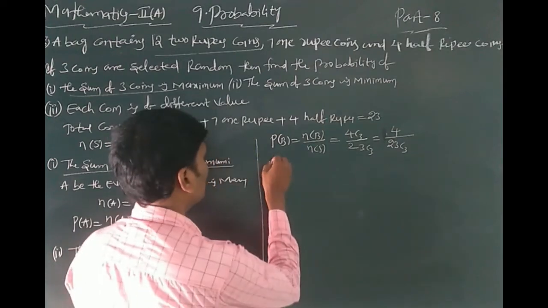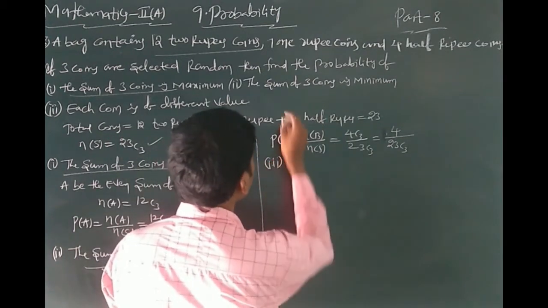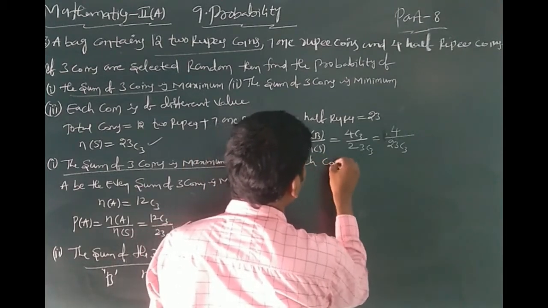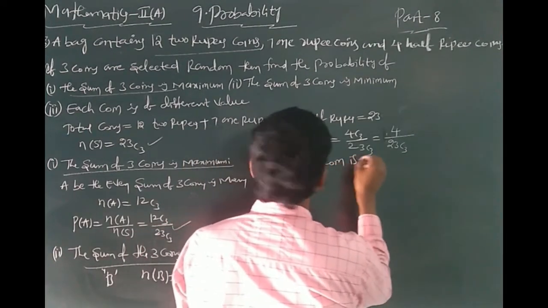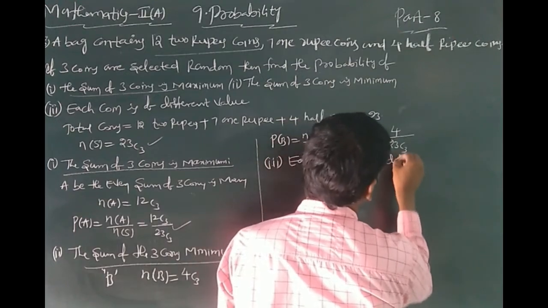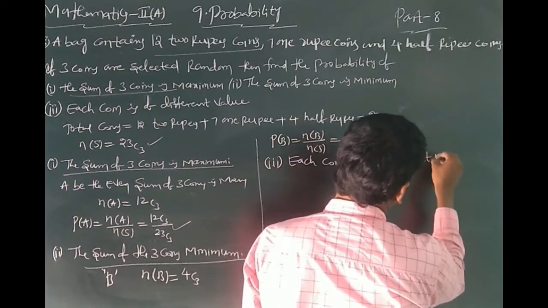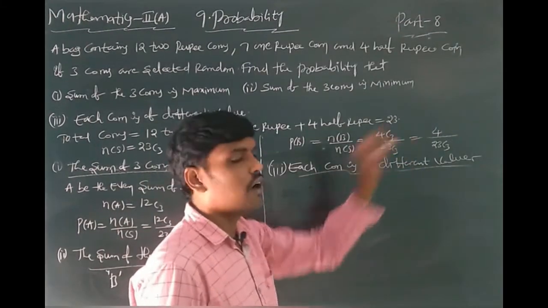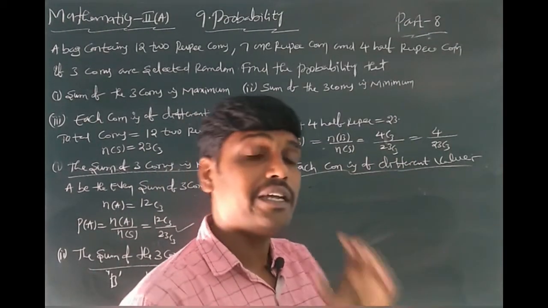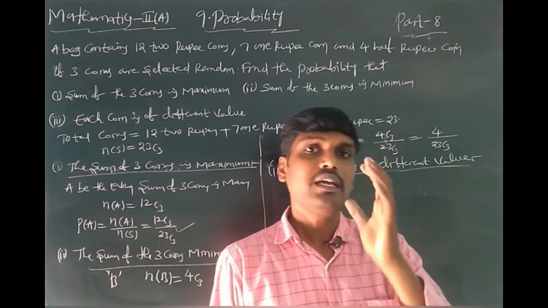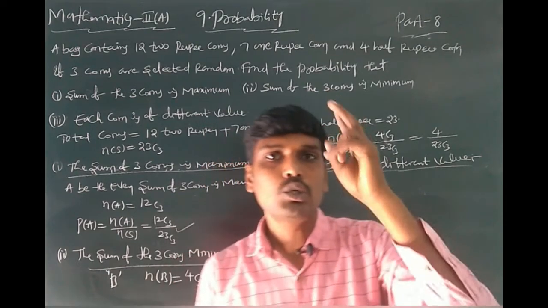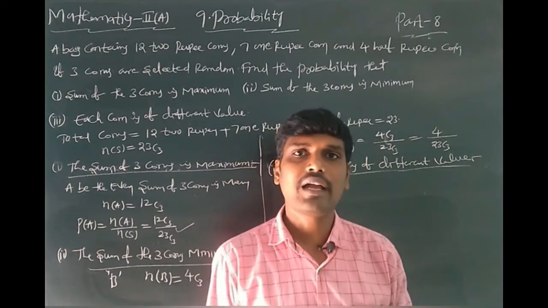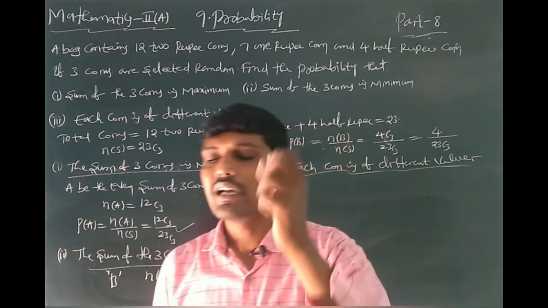After that, what is the third one? The third one is that each coin is of a different value. Each coin is of a different value, where 2-rupee coins are there, 1-rupee coins are there, half-rupee coins are there. You have to select one of each coin.